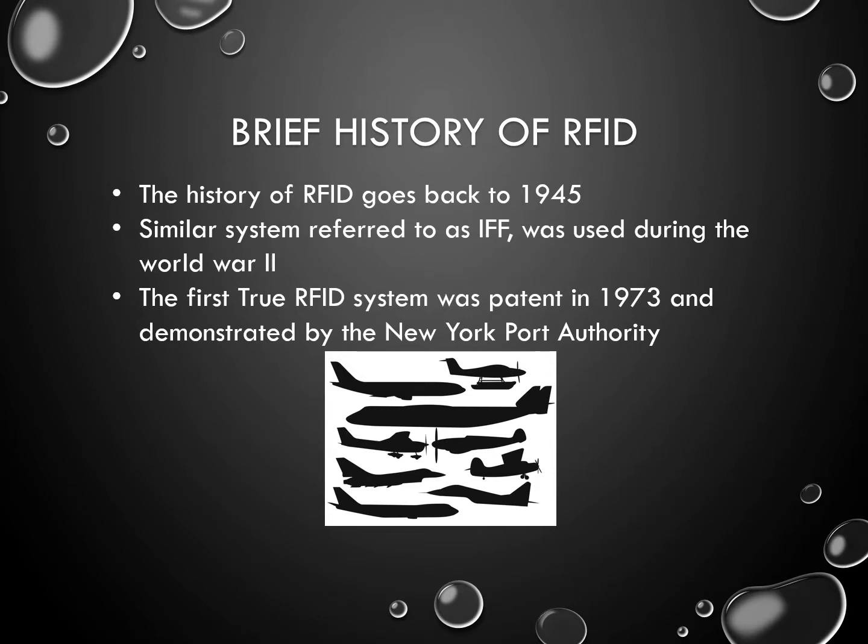Another RFID type system was referred to as IFF, Identification Friend or Foe. This device also used a transponder system, and it was basically used by the Germans and allies during World War II to identify aircraft.